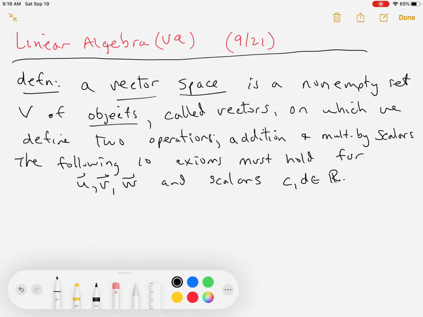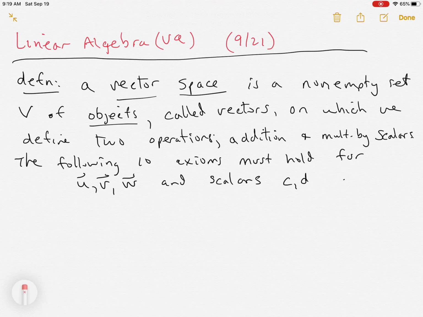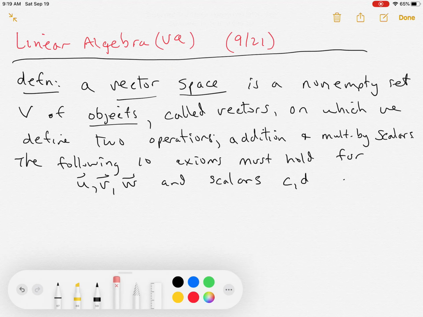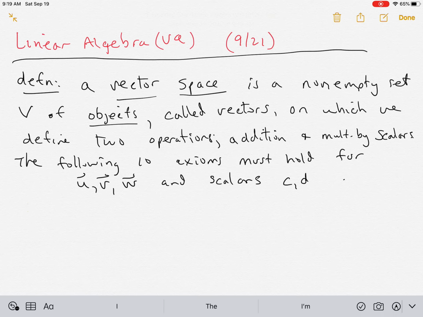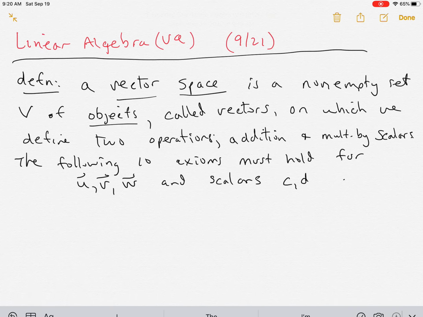Actually, I shouldn't say that. Just scalars. They might be real, they might be imaginary, they might be something else, but they're scalars. Okay? Now here are the 10 axioms.